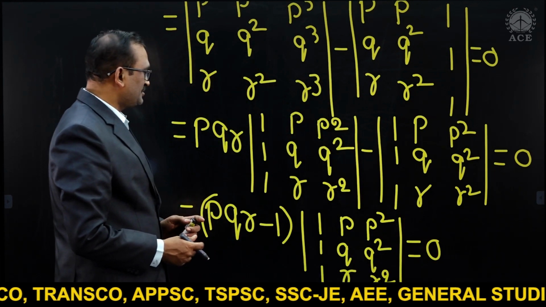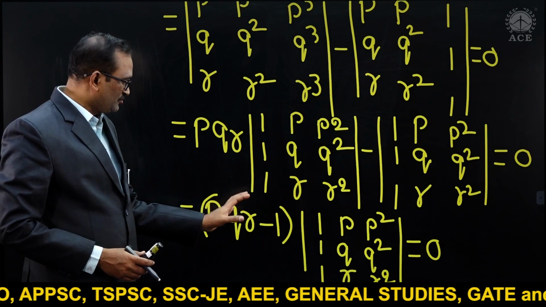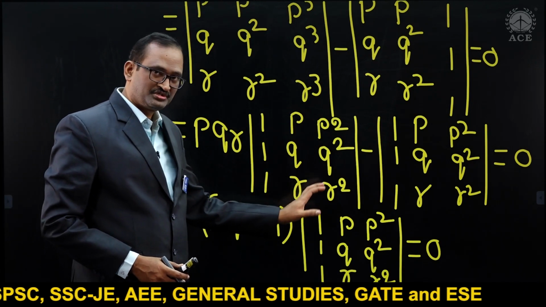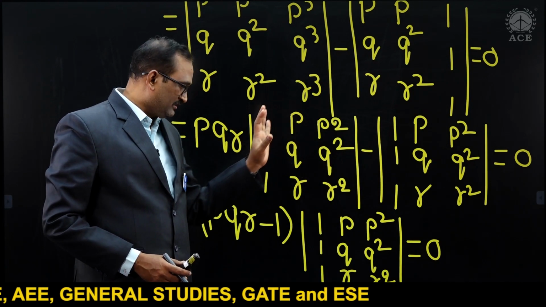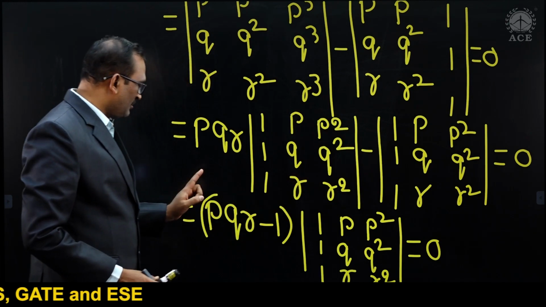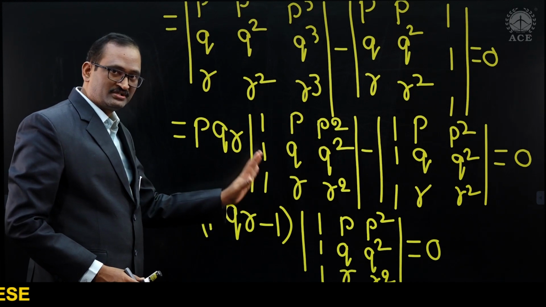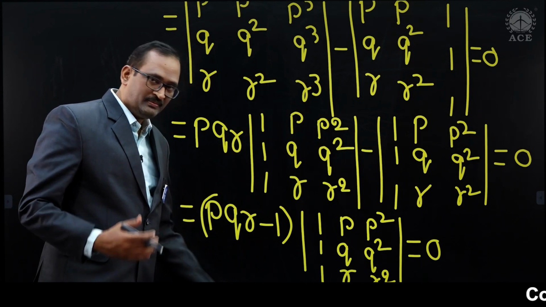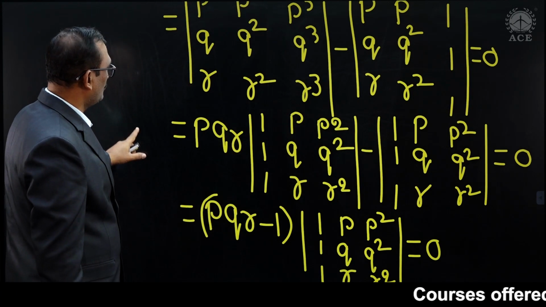So the simplest thing is the product of these two values is equal to 0. Then either this value is 0 or this value is 0. When PQR - 1 is equal to 0, then PQR is equal to 1.